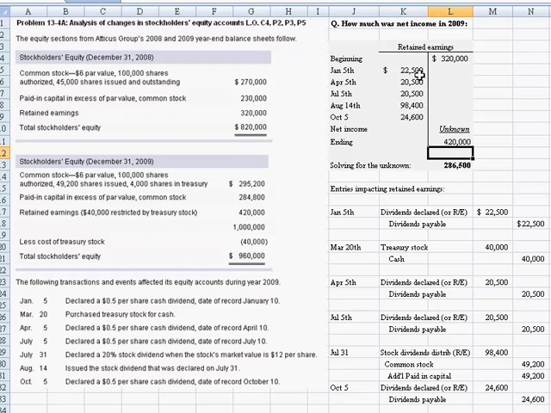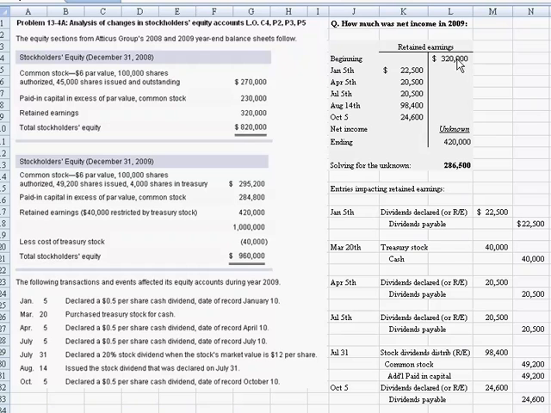So what we need to do is solve for the unknown, and we have all the others. So just using math, we take the beginning less the ending, and then subtract out all those debits, and you can calculate how much that credit needed to be in order to equal the 420, and that credit is net income. That's the only thing left there is for us to solve.